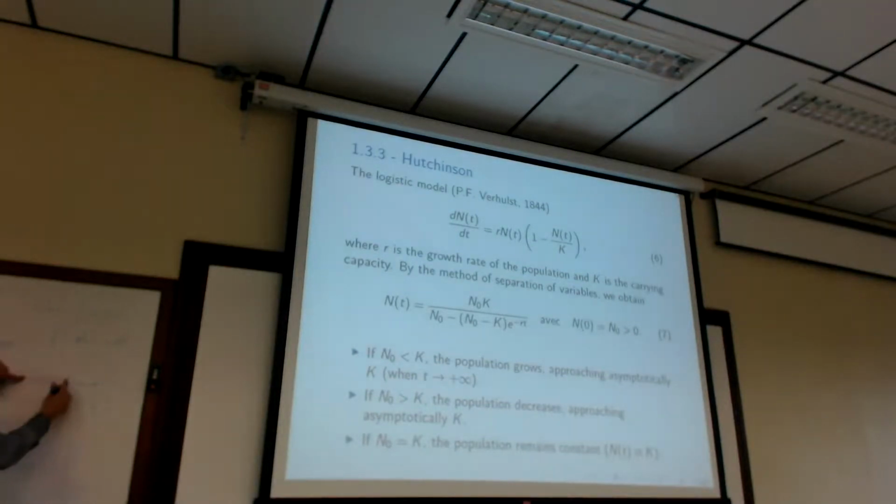Why? If you have this, that means the derivative at T1 times the derivative at T2 is negative, because they are opposite. And we know that n satisfies the ordinary differential equation.